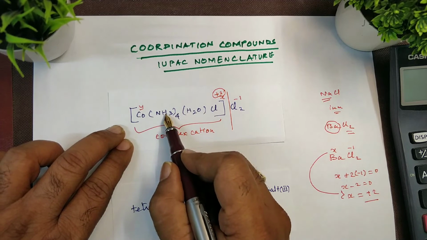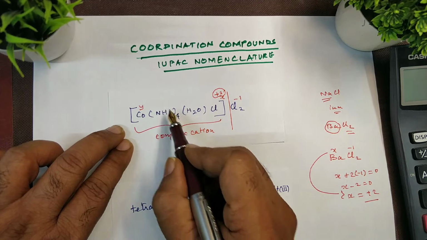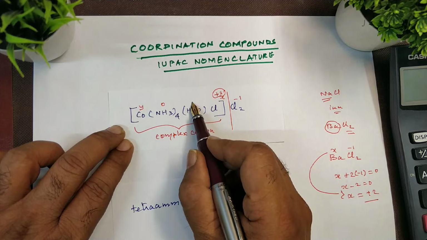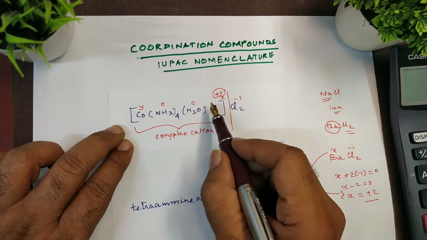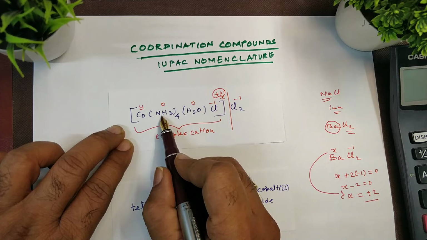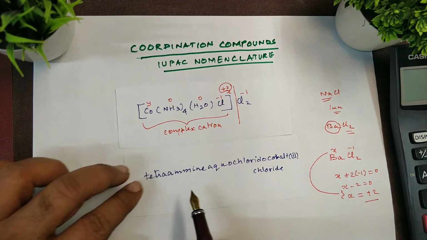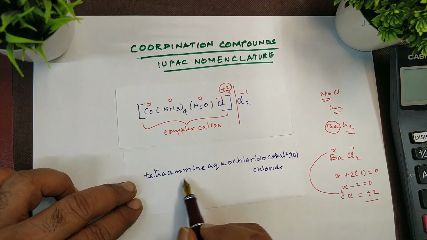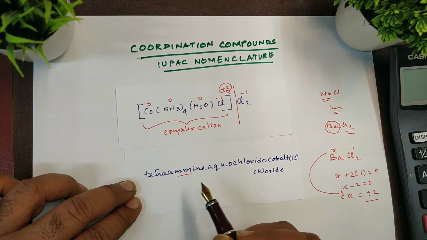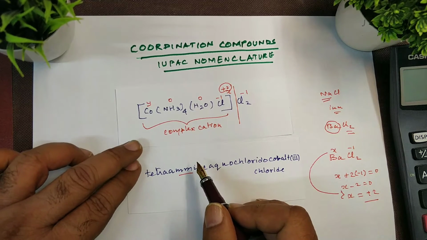We should know ammonia is a neutral molecule, a neutral ligand, so its oxidation state is 0. For water it is 0. And for chloride it is -1. For ammonia, you should have the name ammine, and you must remember that there are 2 M's when we name ammonia.